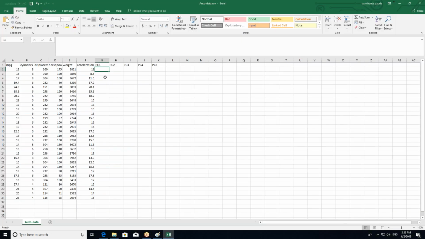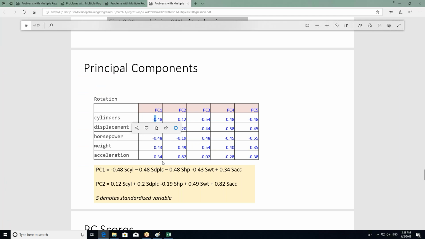So here what I need to do is, minus 0.48 multiplied with... into 8.